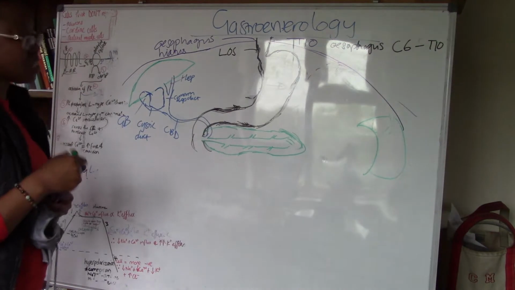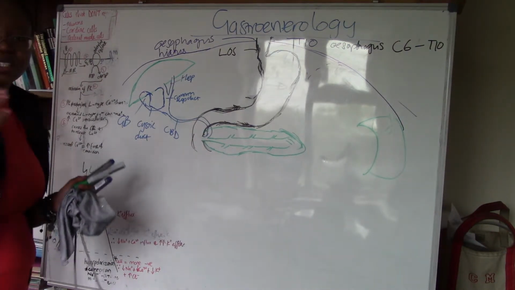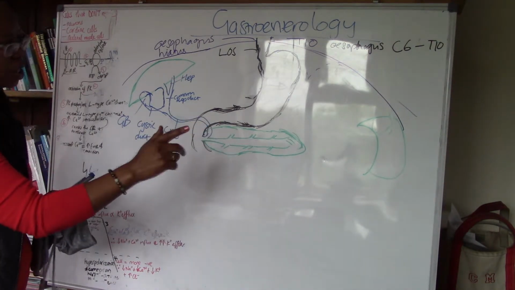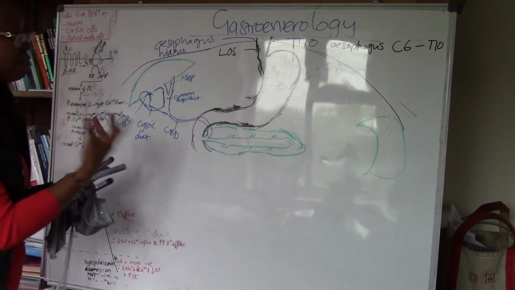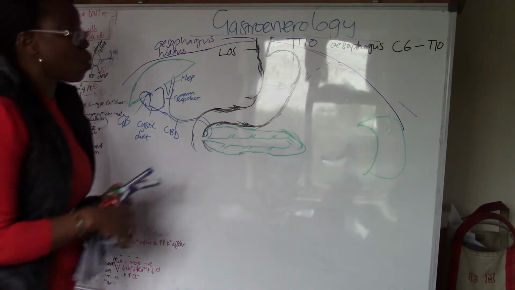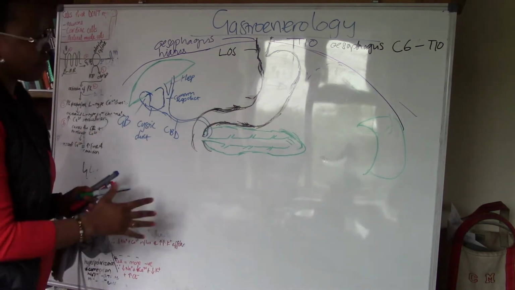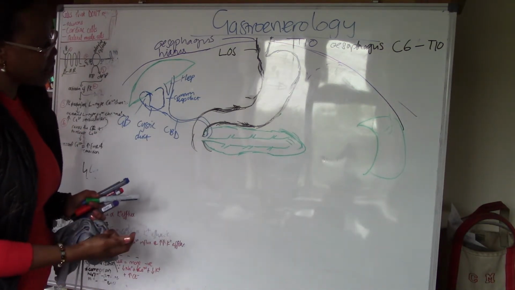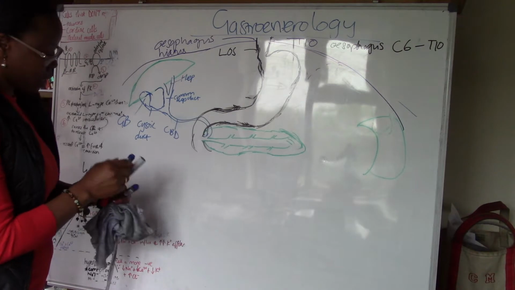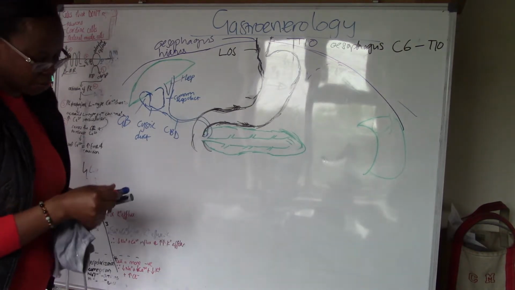I'll talk about the accessory organs on their own when I do a massive physiology lecture on absorption of nutrients, because I think then that will make much better sense. So this will be just a simple introduction of the anatomy and physiology.